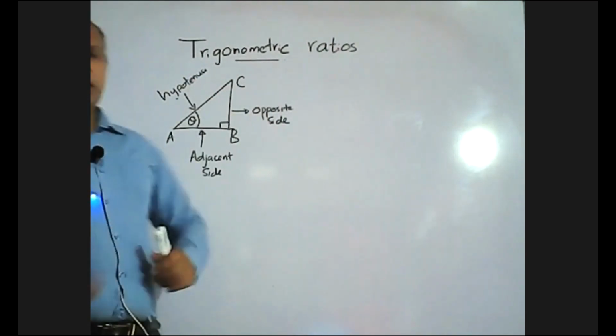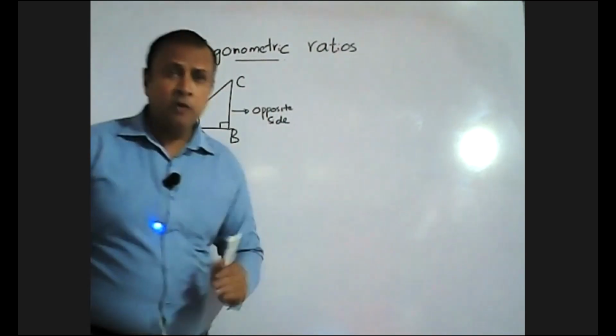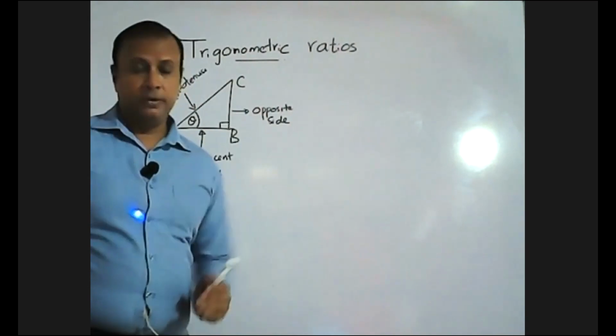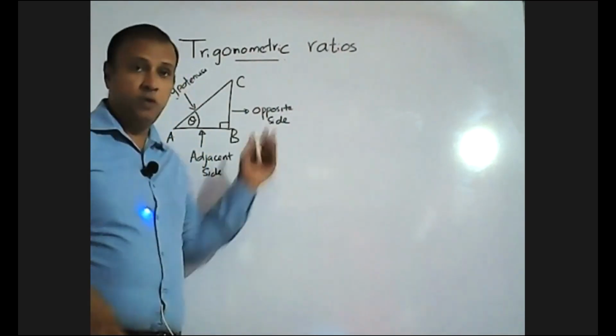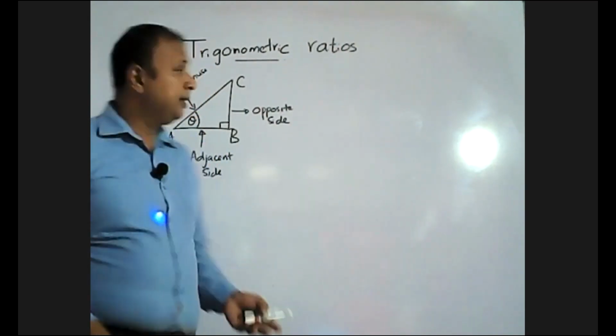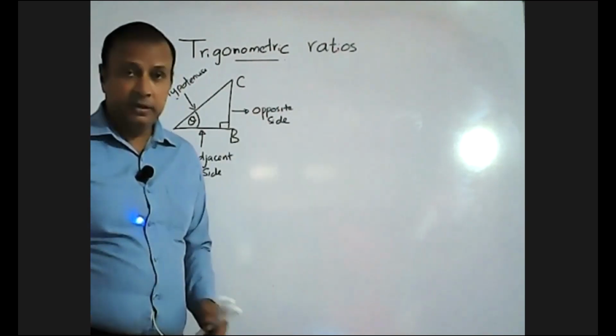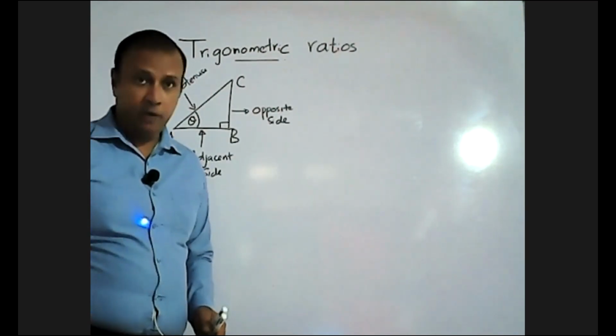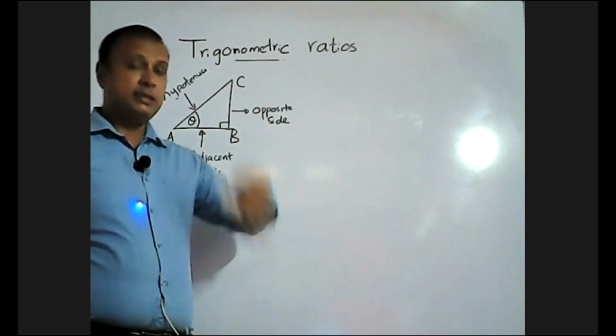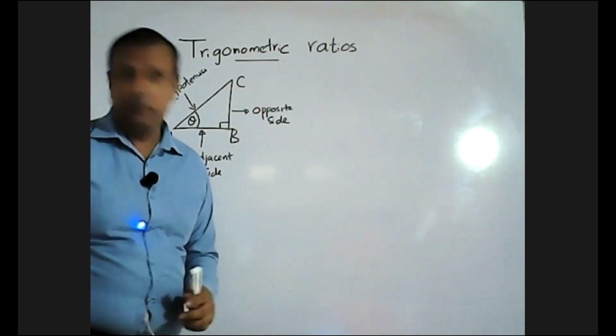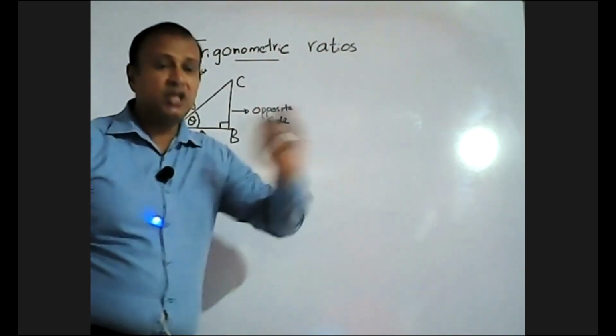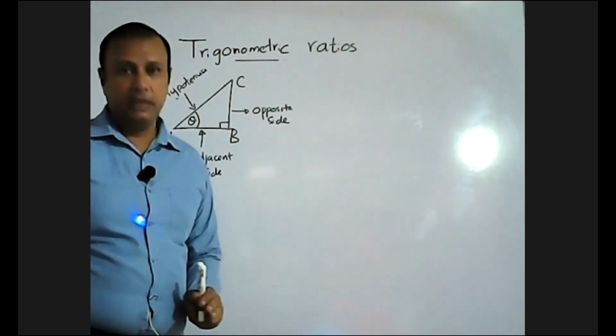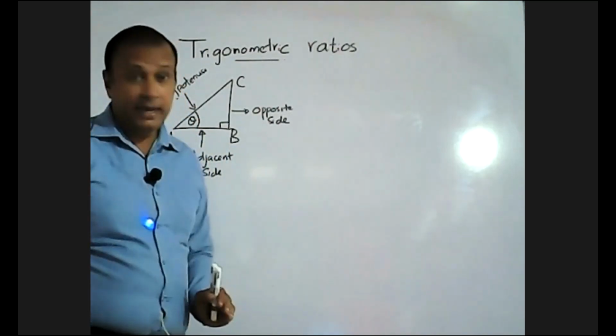Today we are going to learn about trigonometric ratios. Actually, you have done this before, but we have to have some knowledge about some additional trigonometric ratios and relationships between them, especially sine, cos, and tan.